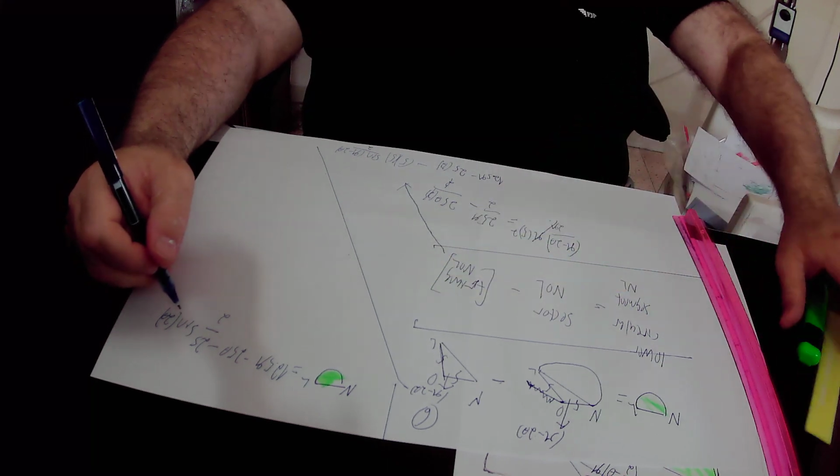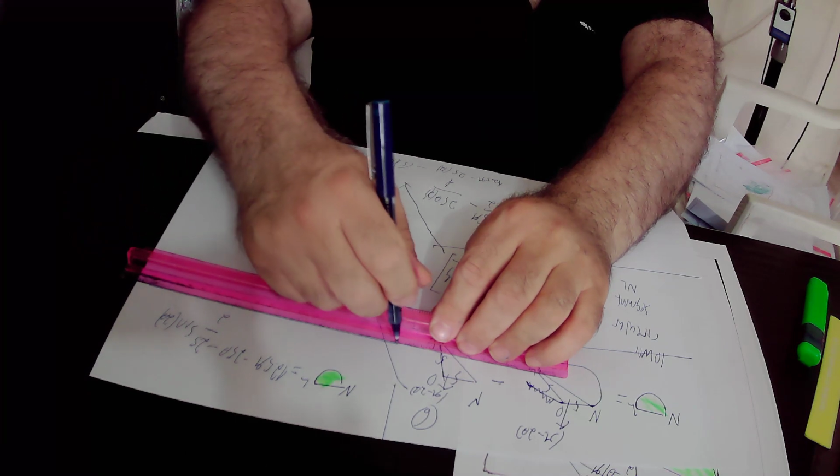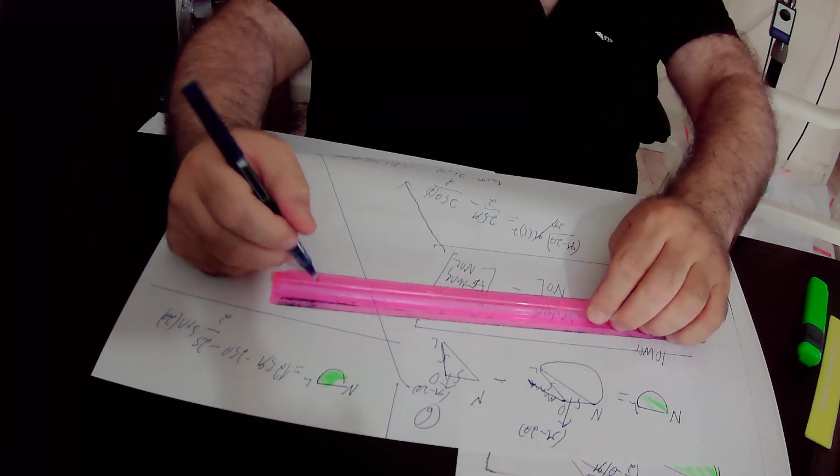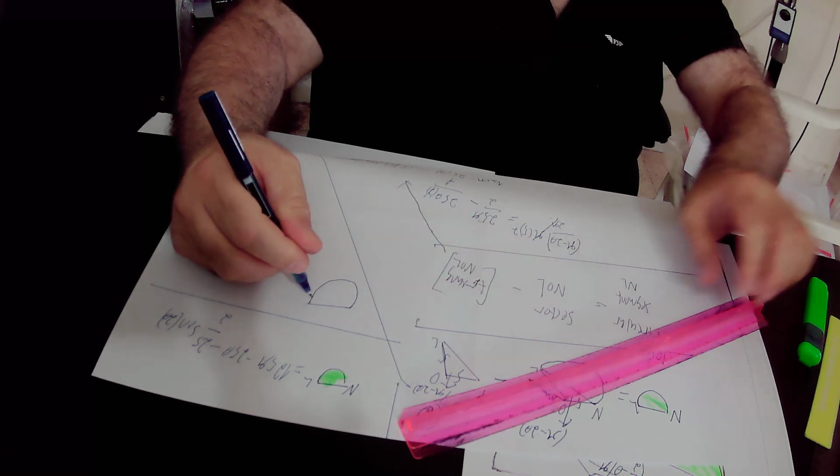And we have already found out that sine 2 theta equals 4/5, so we substitute sine 2 theta by 4/5.